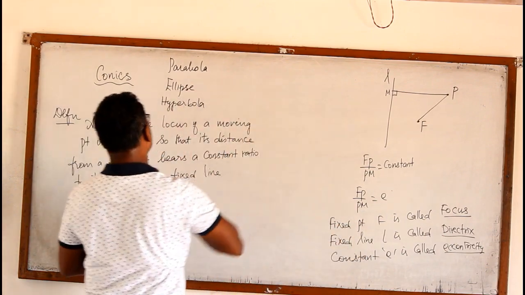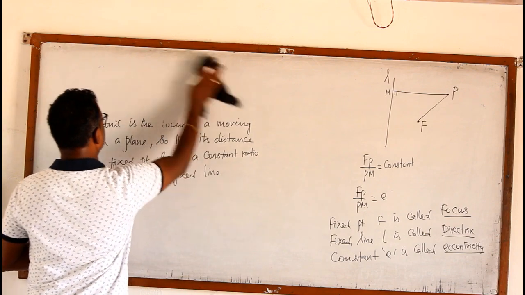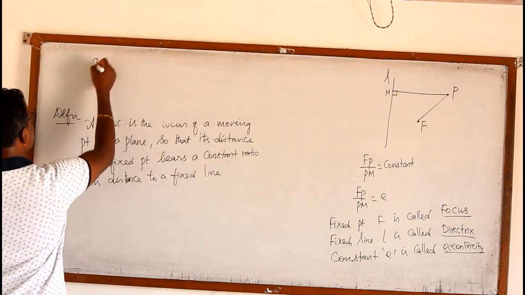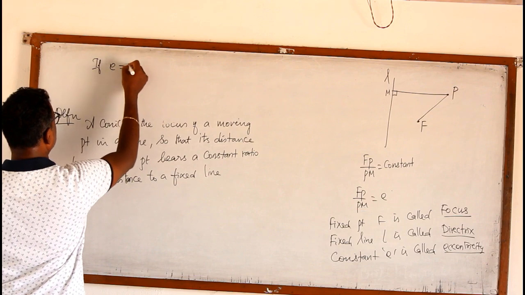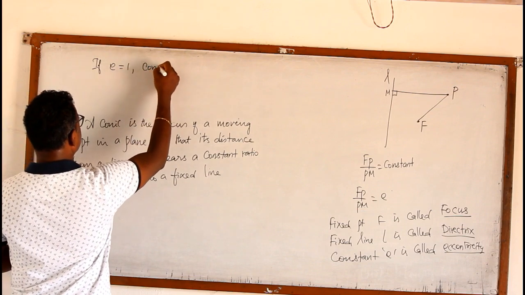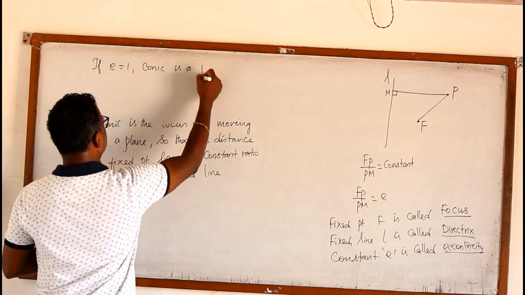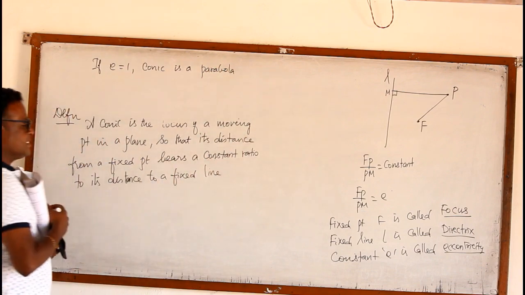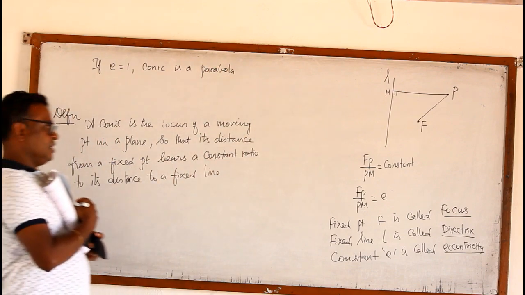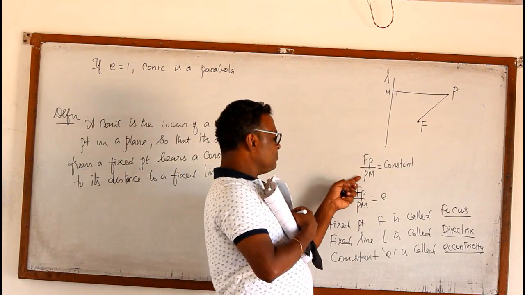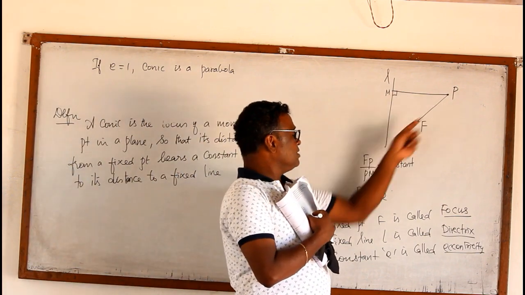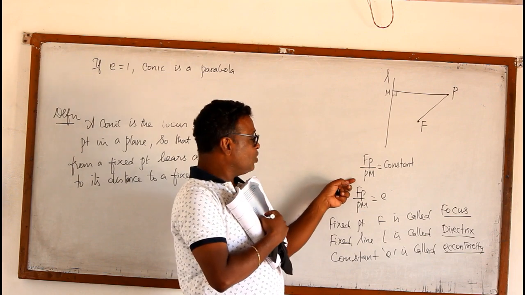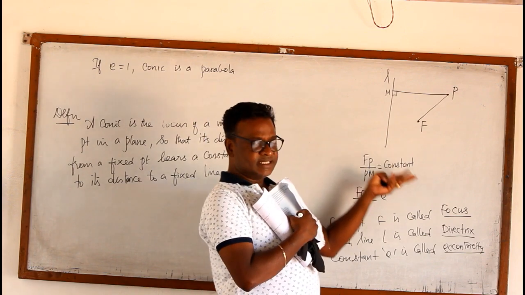Only this eccentricity determines the nature of the conic. Any point that obeys this condition gives a conic.